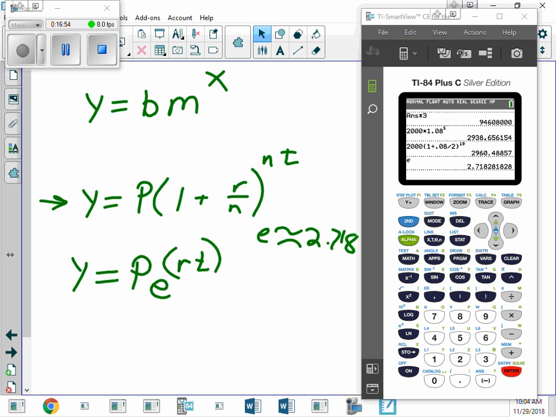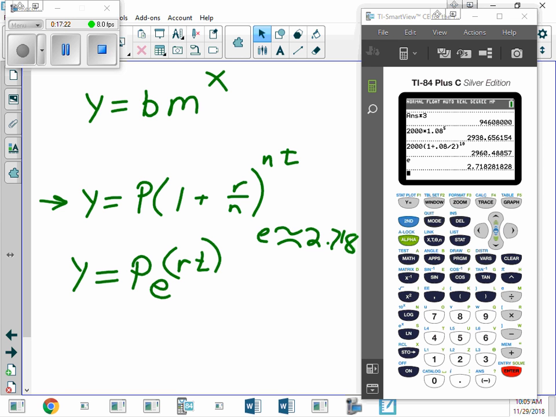Everything else, bacteria growth, erosion of a rock, anything that grows and or decays by a percentage will use PERT. So for any real world situation, we're going to use P e to the rt. If it's a bank account where there is a specific number of compounds, then we use the middle formula. And the top formula really is quite useless. That doesn't really ever happen anywhere.